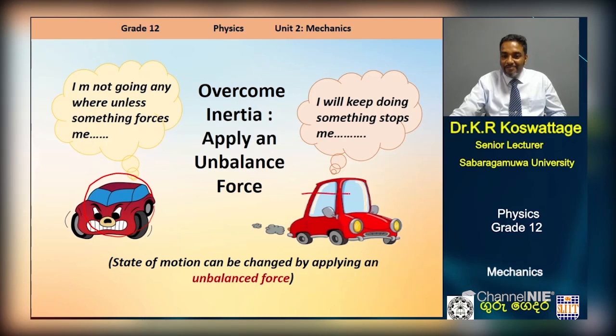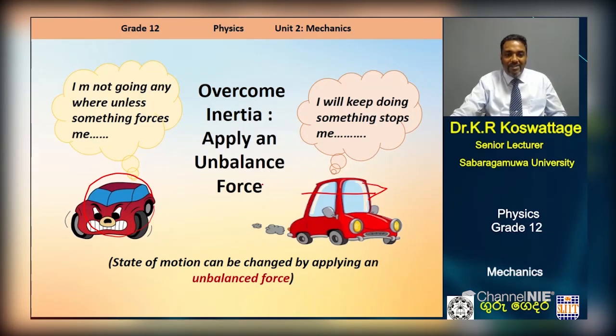This is moving, and it says, I will keep doing this, stop me. So basically, these two cars want to keep their existing state, at rest or moving. So these are the two basic states of motion.